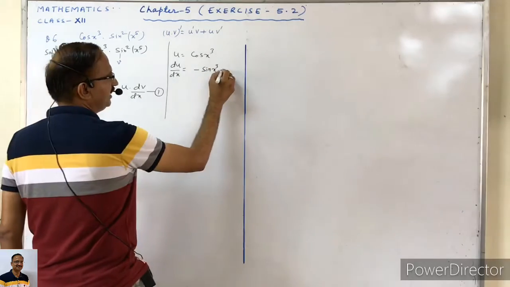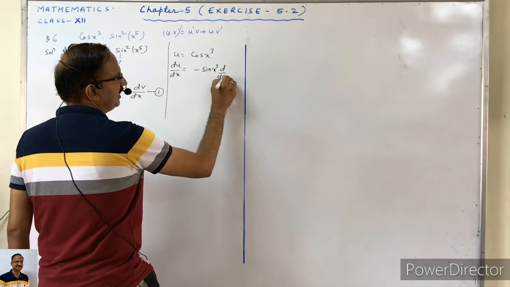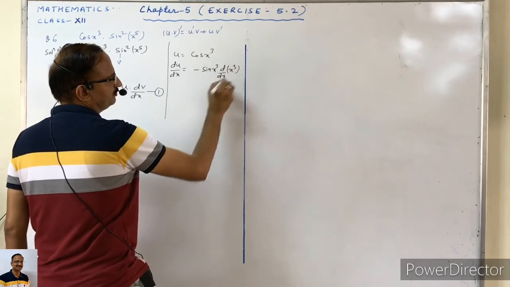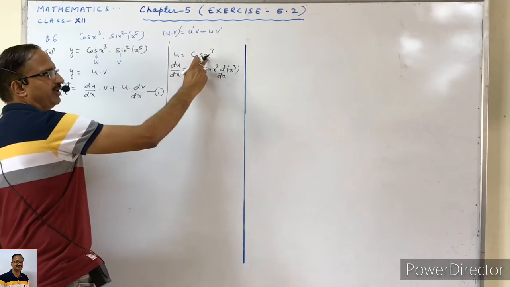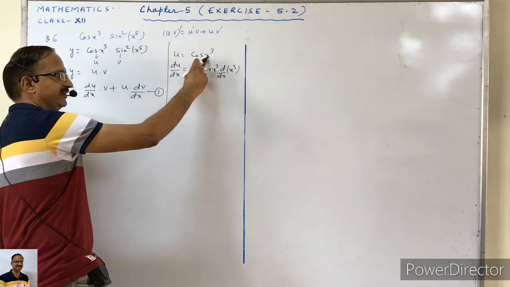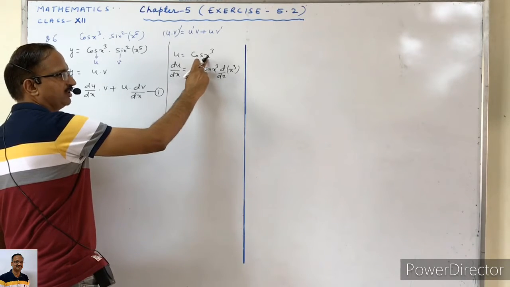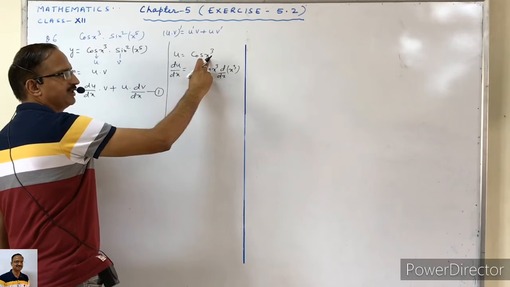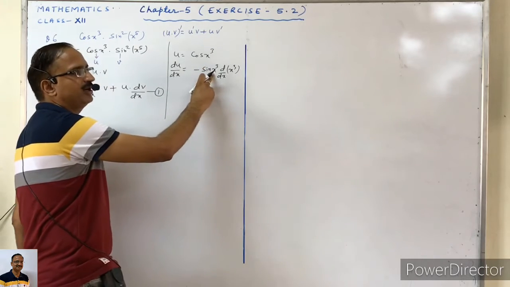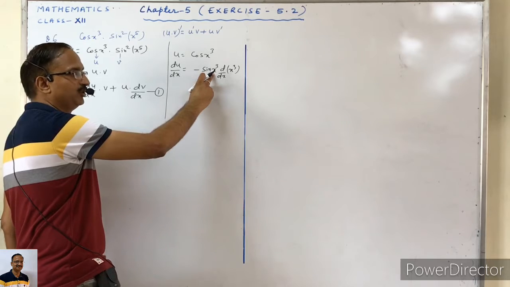So we will write the differentiation of this function in the product. This is x cube, so for the time being we suppose this as x. So this is cos x, and the differentiation of cos x is minus sin x. Now this is not x, this is x cube.